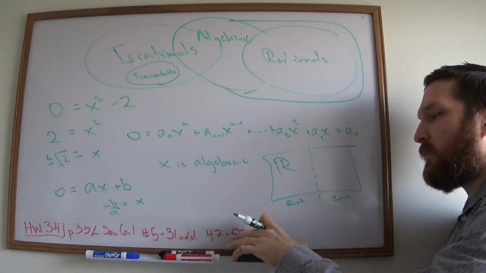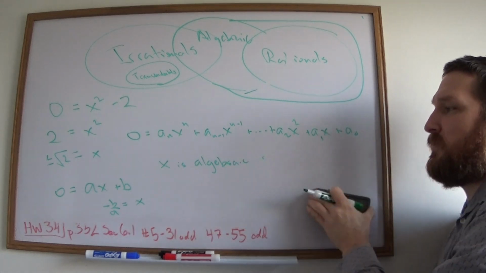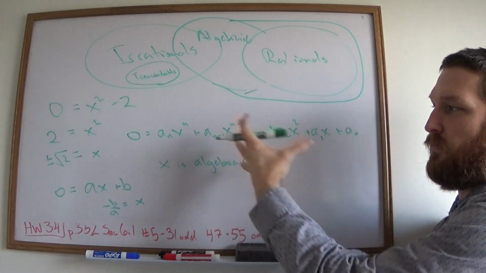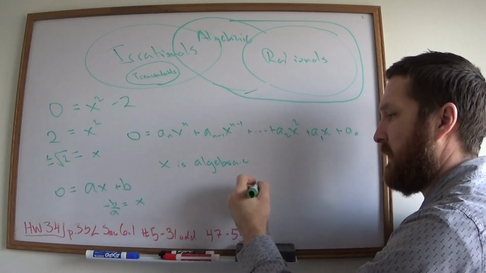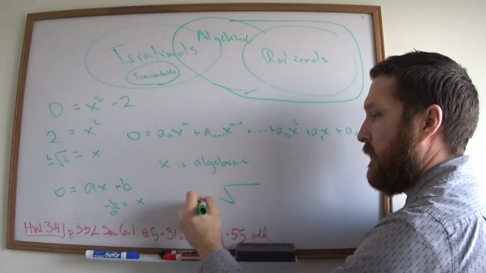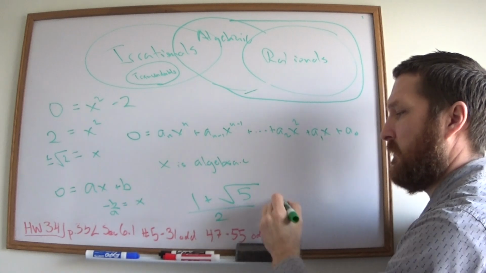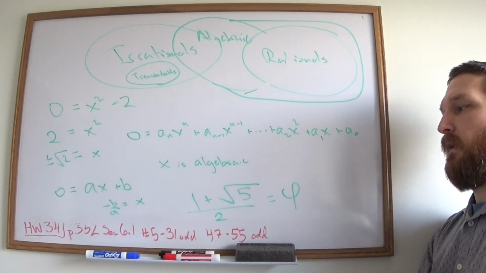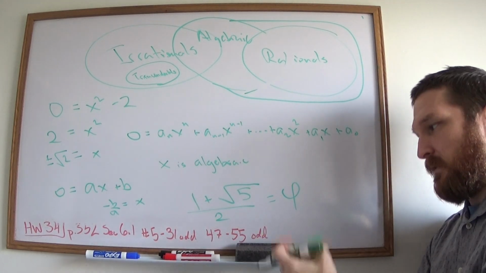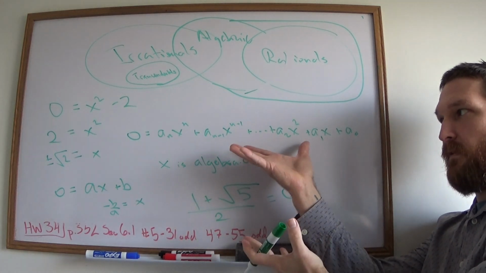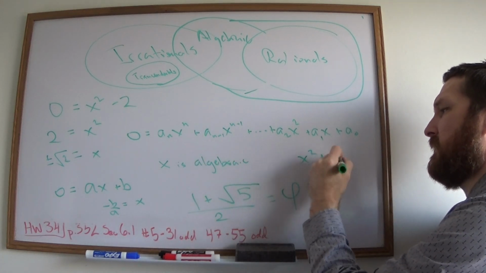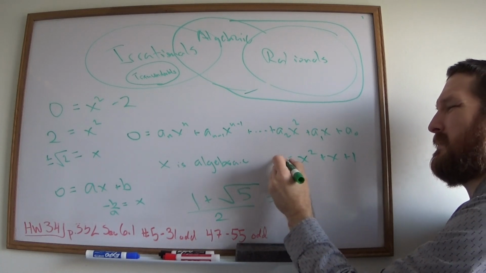Okay, so that's what algebraic numbers are. They are solutions to these guys, and so they have forms like (1 plus the square root of 5) over 2, the golden ratio, phi. That is algebraic, because it's a solution to one of these equations, I think x squared plus x plus 1, or there might be a minus in there somewhere.